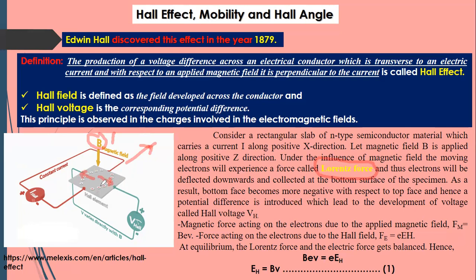However, simultaneously the excess of electrons accumulates on the front face of the slab, and an equal number of positive charges appears.